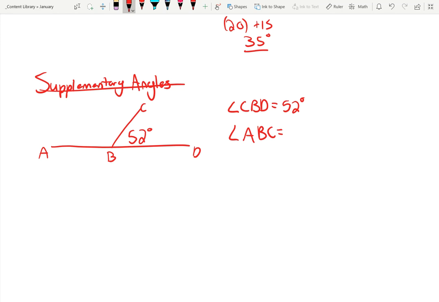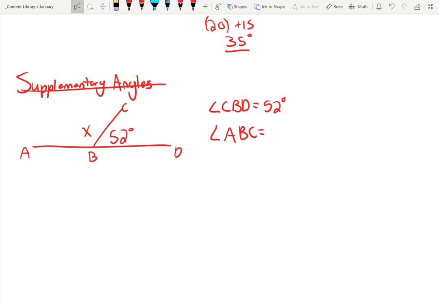So if the two angles together add up to 180, and 52 degrees is already one of the angles, then just find the difference. So 180 minus 52 degrees ends up being 128 degrees. So that's how big this other angle would have to be, 128 degrees.